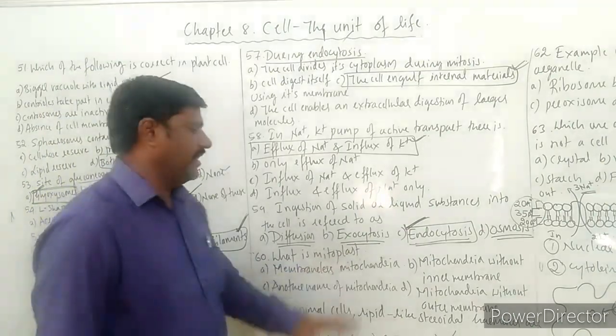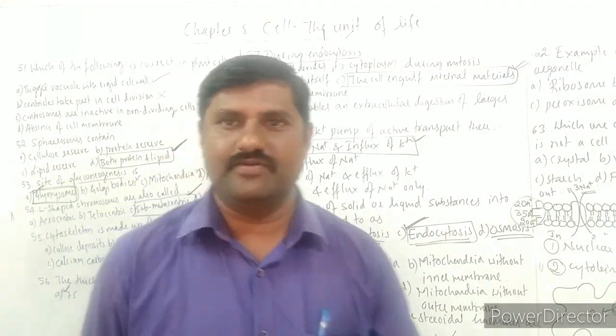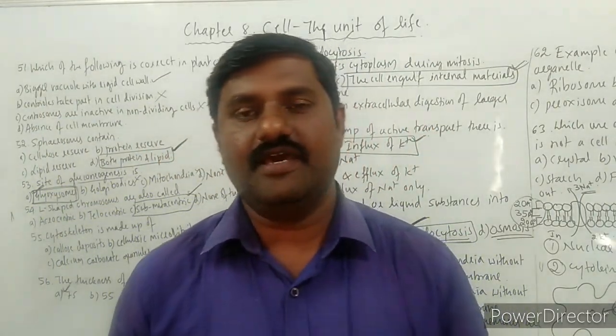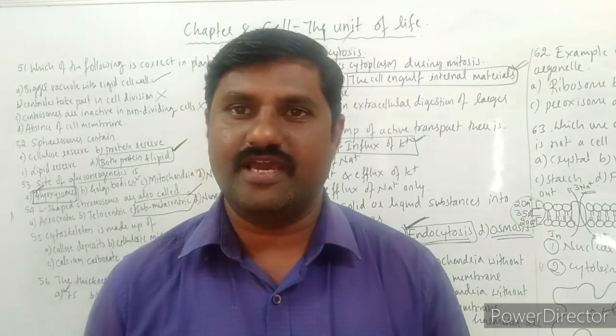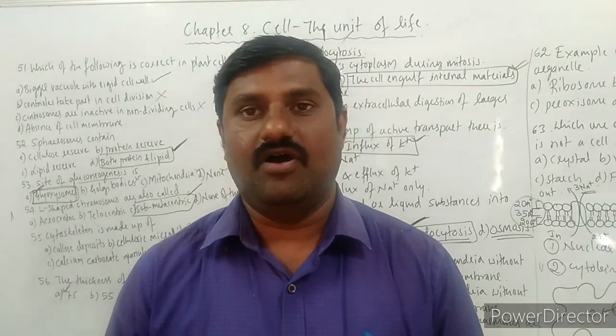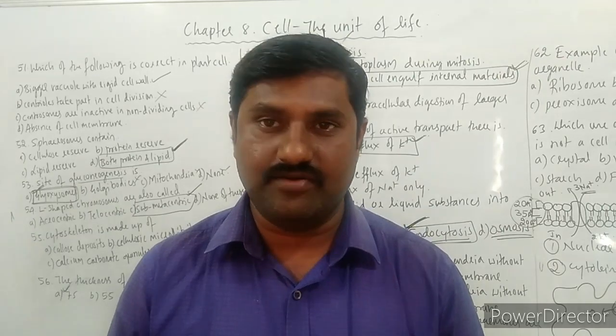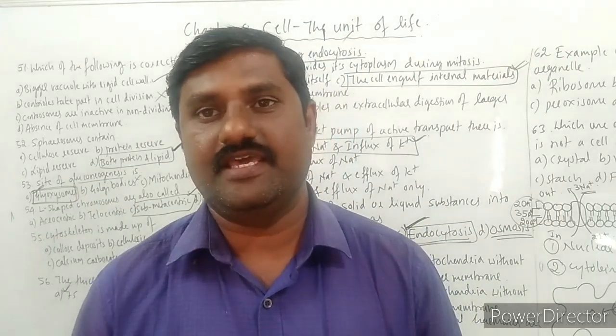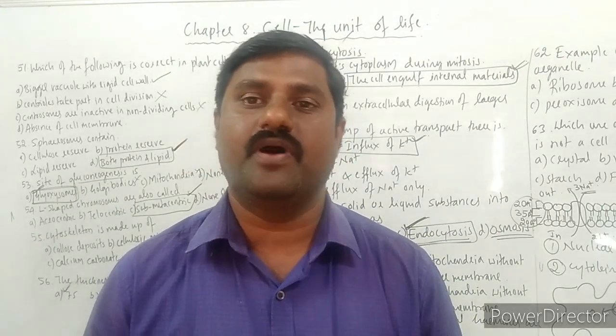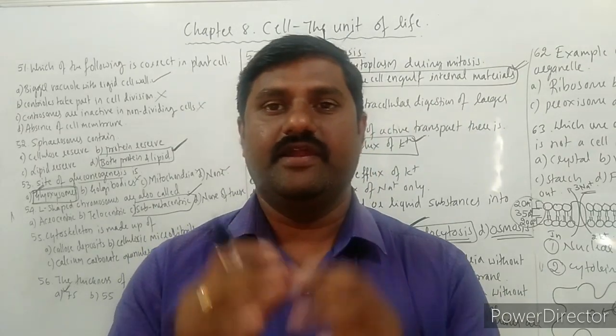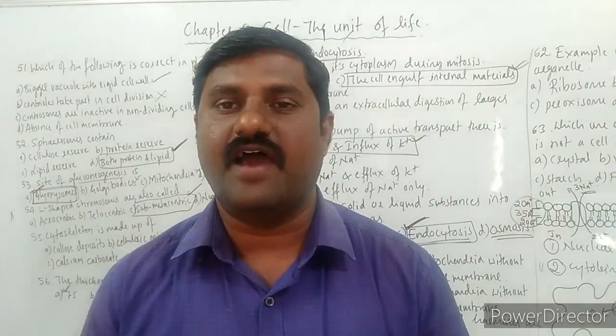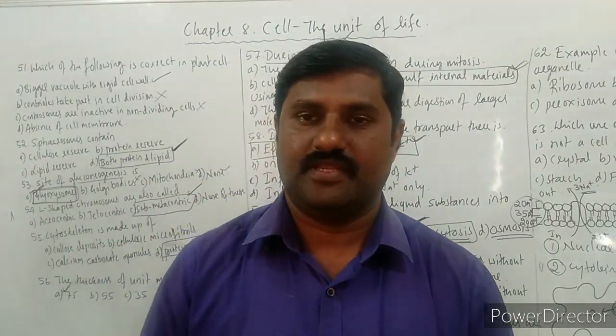What is a mitoplast? This I haven't covered in theory. See here, during the study of mitochondria, we must concentrate on the membranes that surround the mitochondria. It is a double membrane bound cell organelle, a very clearly known fact to you, right?